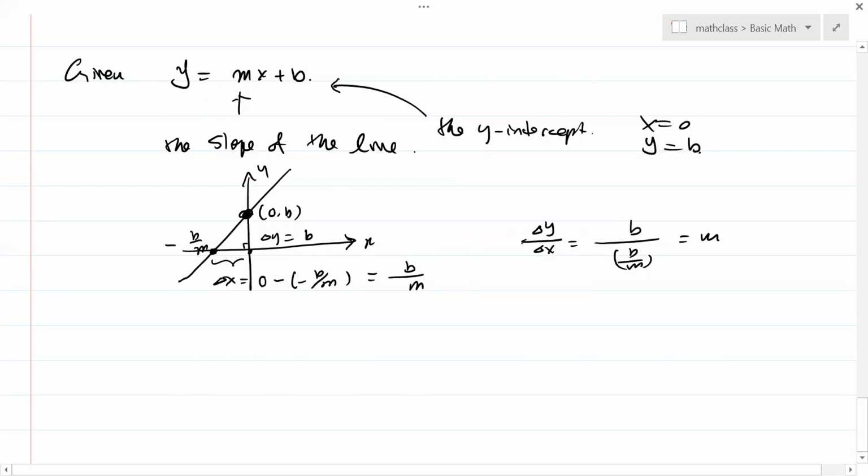Okay, so let me talk about problem number 7 from the homework.